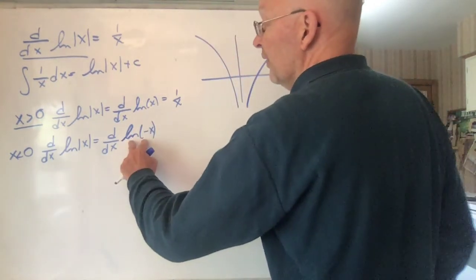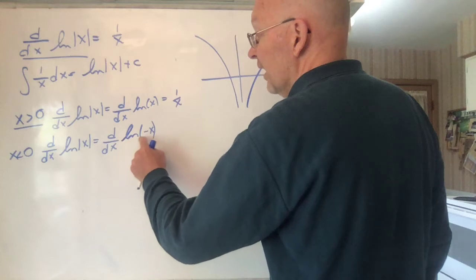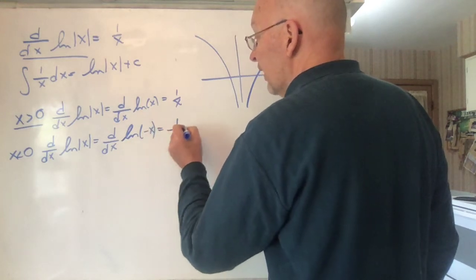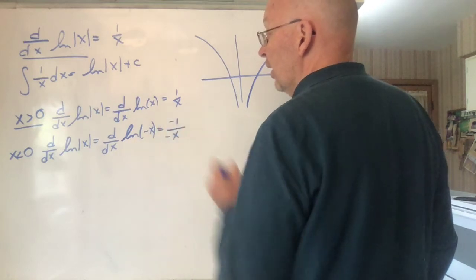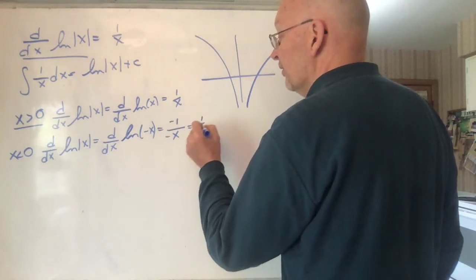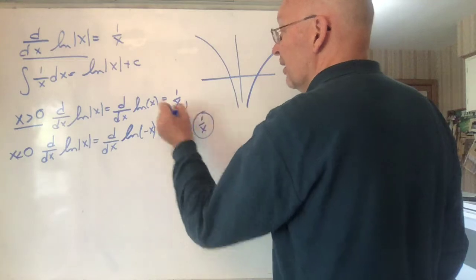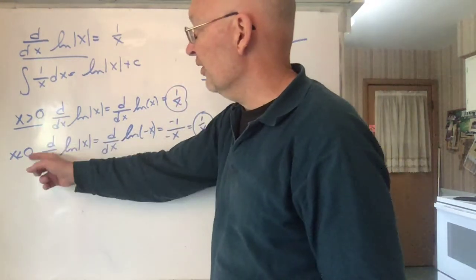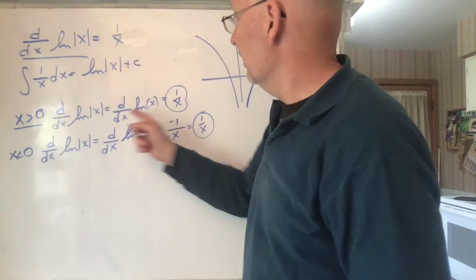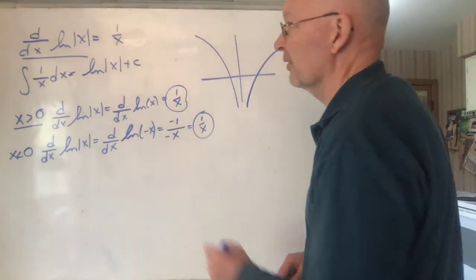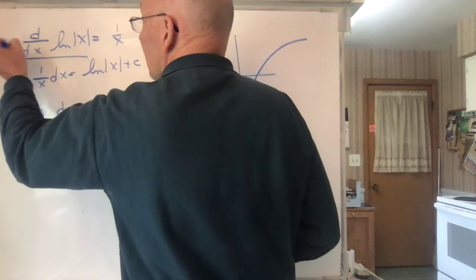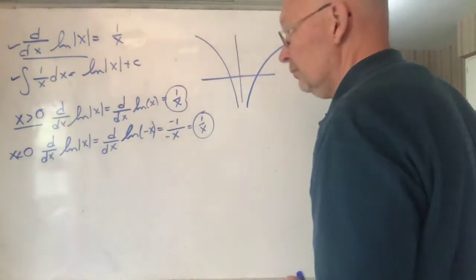And what is the derivative of this? The derivative of the ln of anything is 1 over that thing times the derivative of the inside, which is a negative 1. So by the time you do that, you see you end up with 1 over x again. So whether x is positive or negative, the derivative of this function is equal to 1 over x. So that's why this is true and why this is also true.